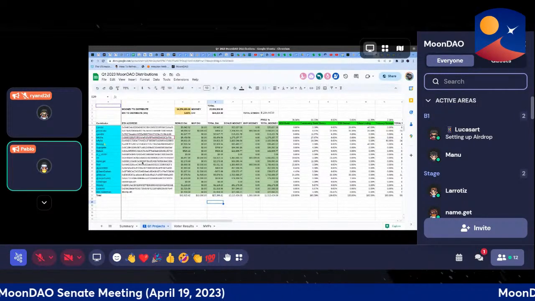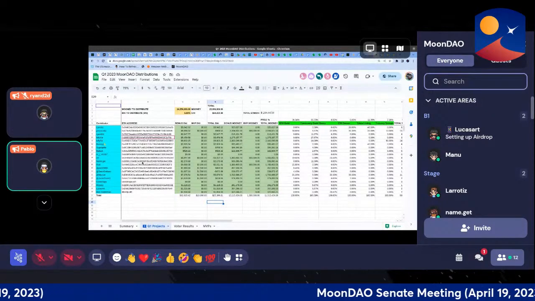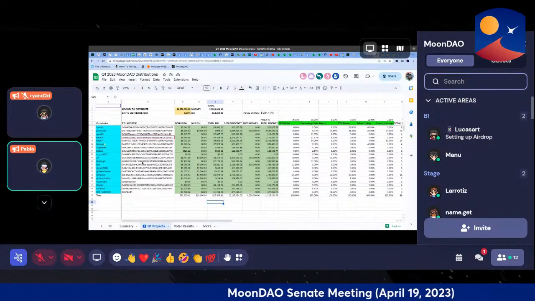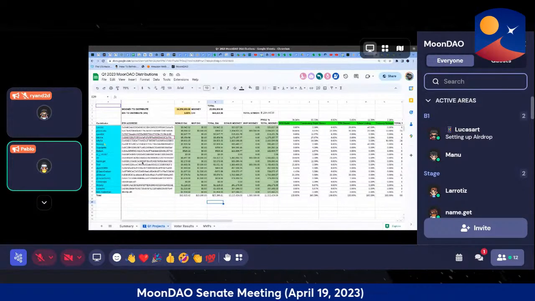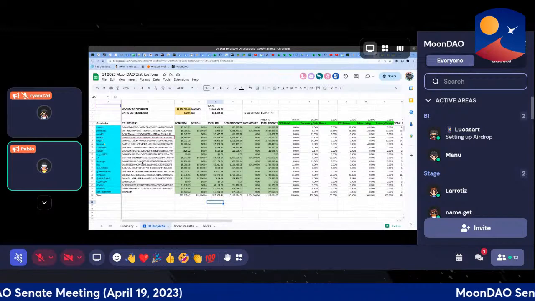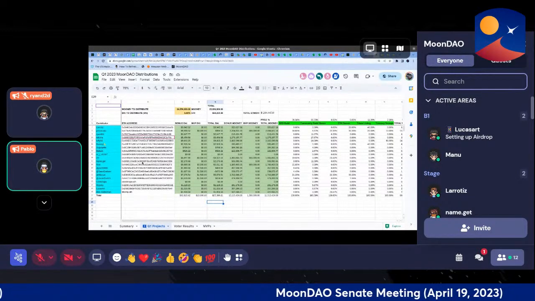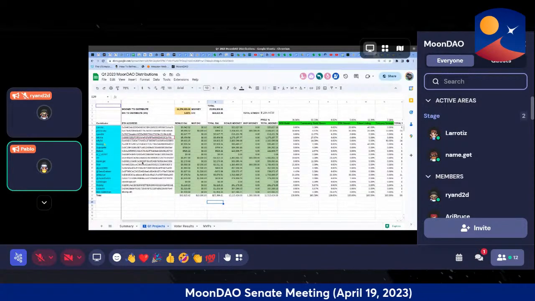Something we were considering is having letters from people all over the MoonDAO community to support Yan. I'm just imagining Yan walking into the embassy with 500 letters of support from his MoonDAO members.